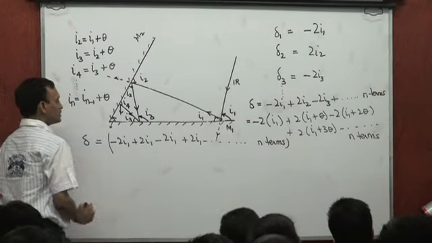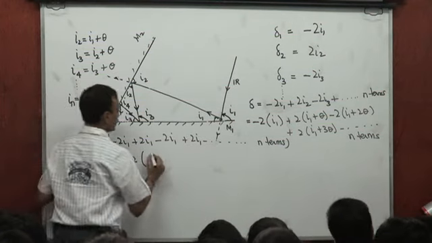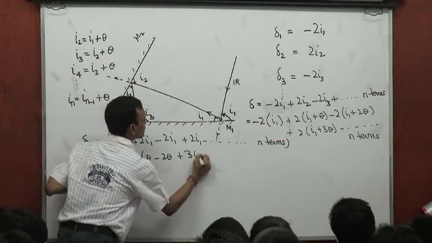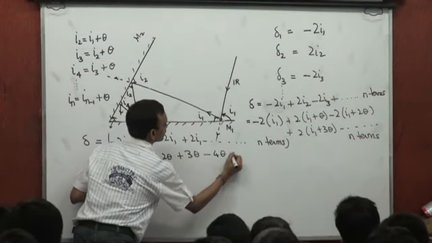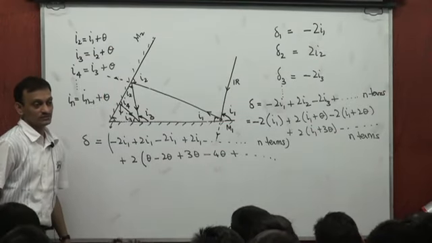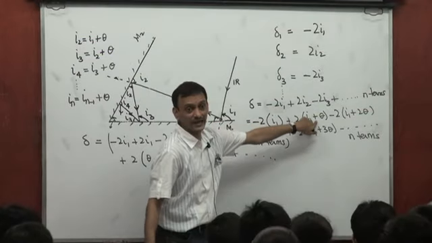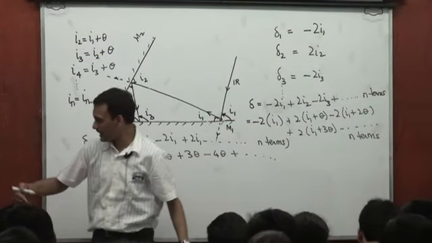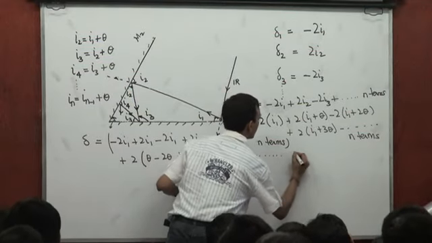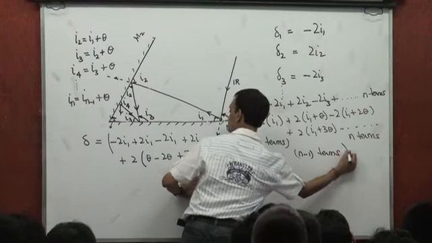And then the theta terms put together, 2 times theta minus 2 theta plus 3 theta minus 4 theta, plus how many such terms? N minus 1 terms. The theta terms are starting from the second term to the nth term. So, n minus 1 terms, right?